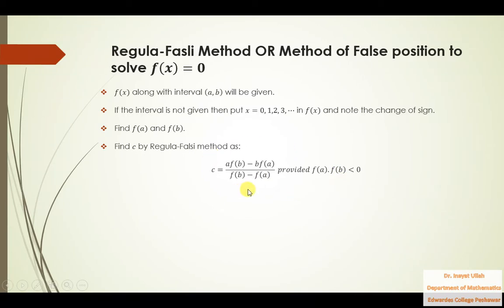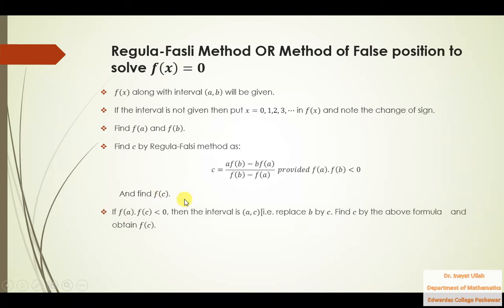The formula for c is the same, and then we need to find f of c and note whether f of c multiplied by f of a is negative. If it is negative, then the interval reduces to a, c, and we replace b by c.